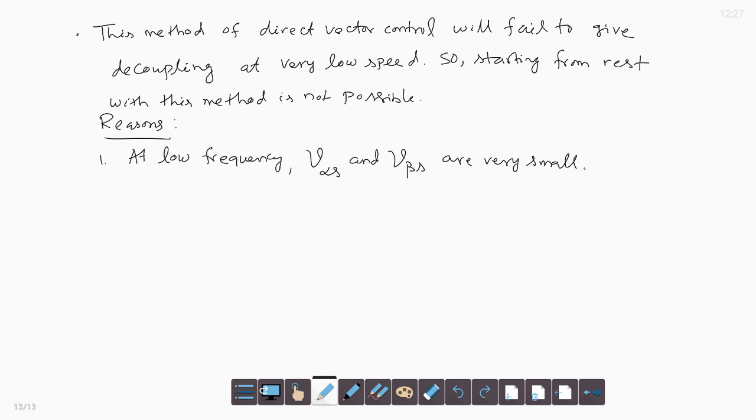So, when the frequency is less, voltage will be small also. Because V alpha s and V beta s are small, ideal integration, we are integrating these equations, becomes difficult or impossible, you can say, because of DC offset.